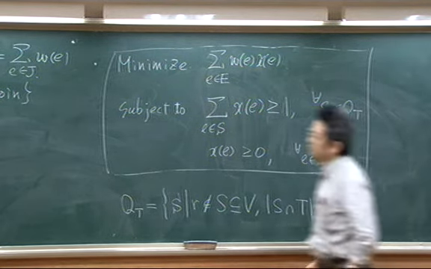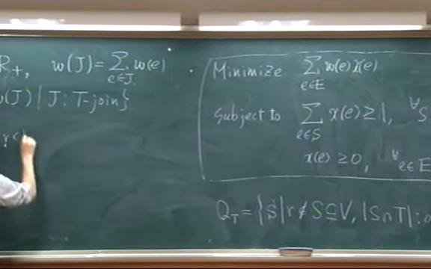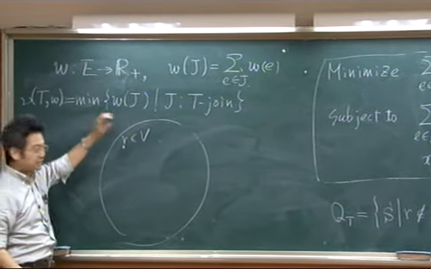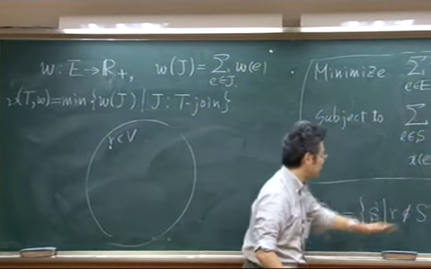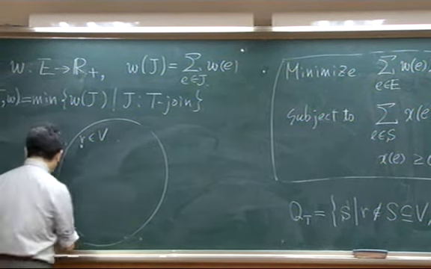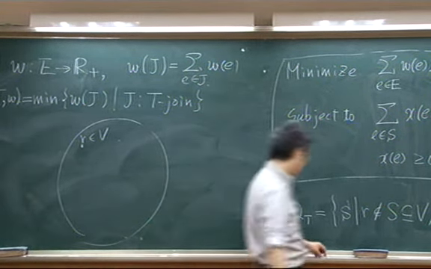So we can arbitrarily pick a vertex R in this graph, and collect all these vertex subsets S which have an odd number of T points.